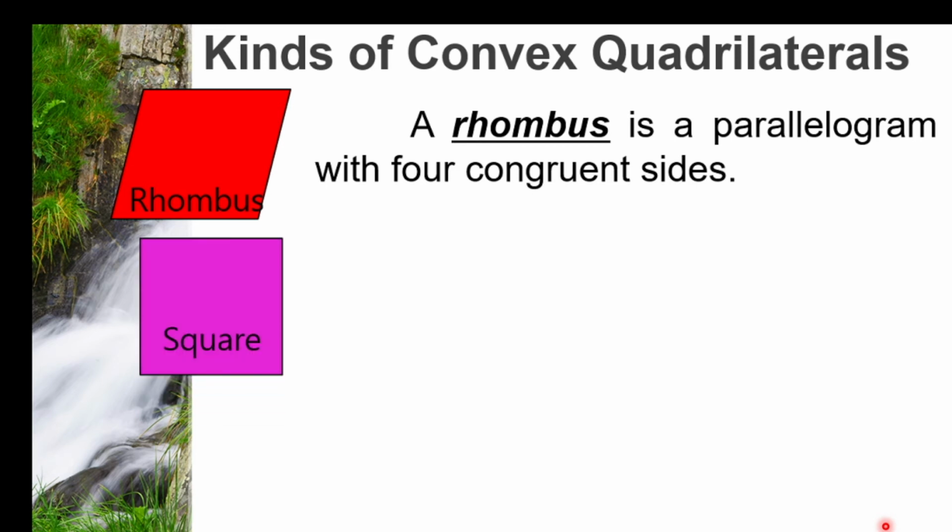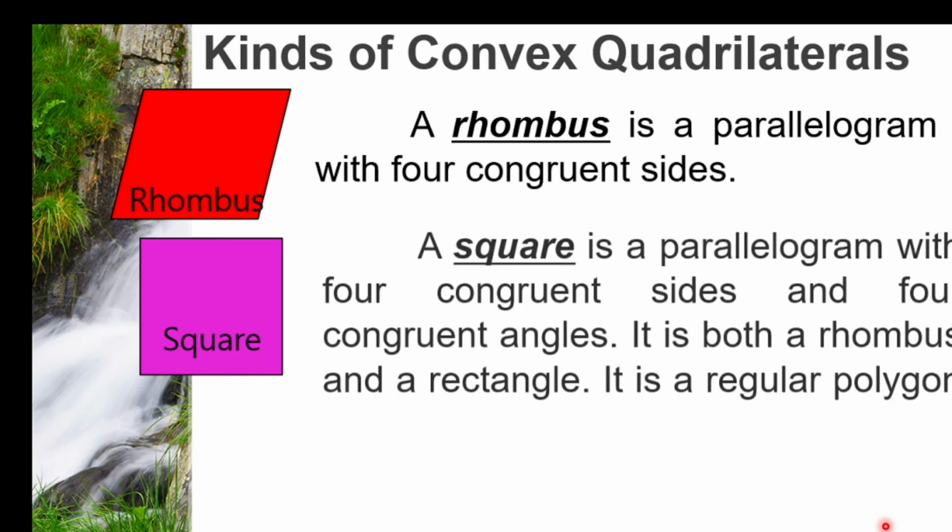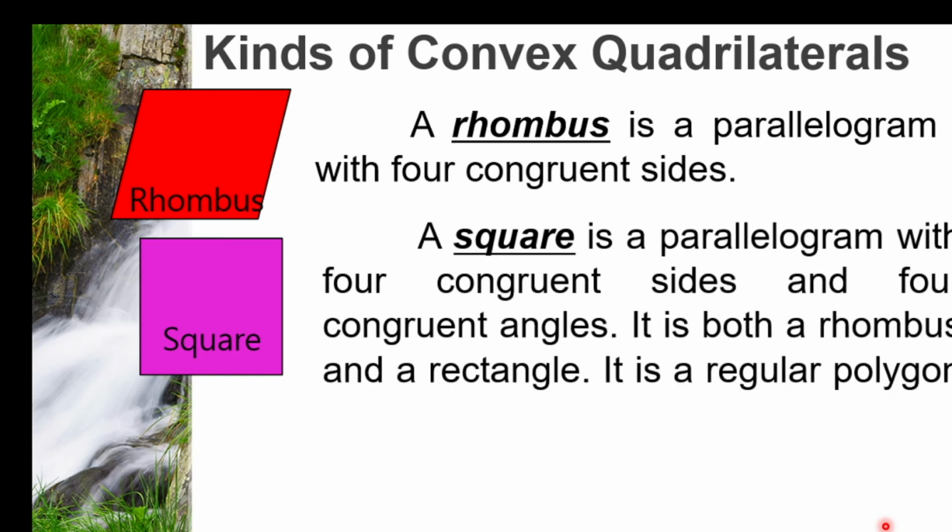Next is a square. A square is a parallelogram with 4 congruent sides and 4 congruent angles. It is both a rhombus and a rectangle. It is also called a regular polygon because a square is both equilateral and equiangular.